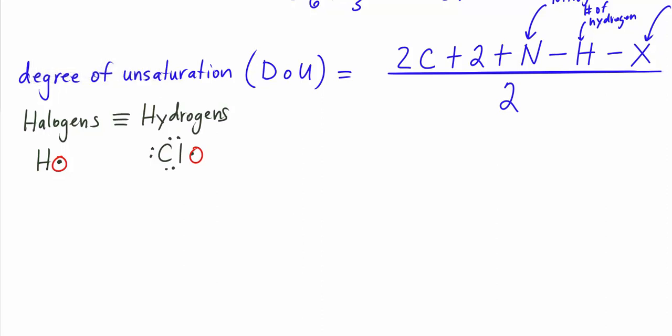Nitrogen will count as half a carbon because it's trivalent. It can have 3 bonds and 1 lone pair of electrons.